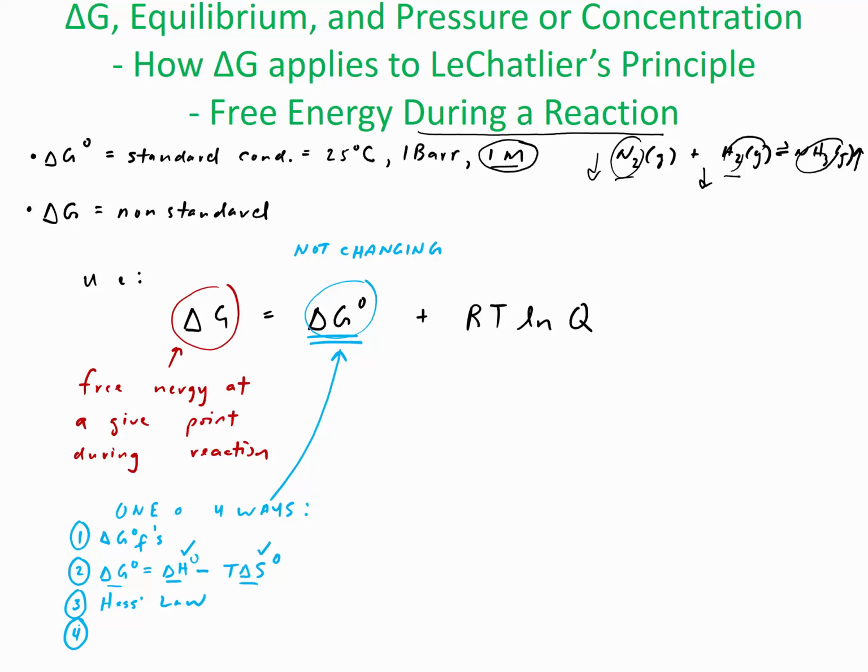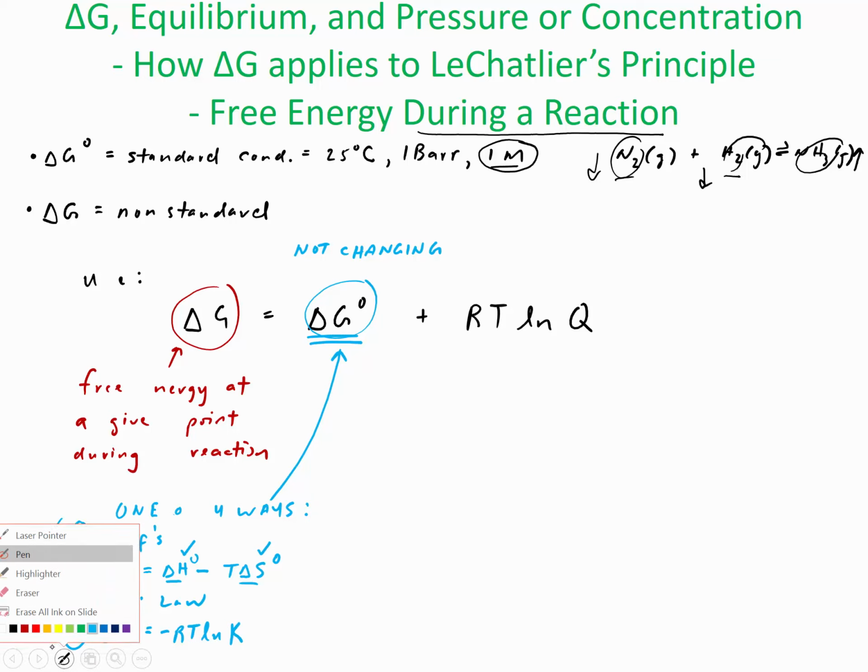The other way is to use delta G equals negative RT ln of K. But the most common are ways 1 and 2, and number 1 is the easiest. You could just look up delta G of formation and get it that way.